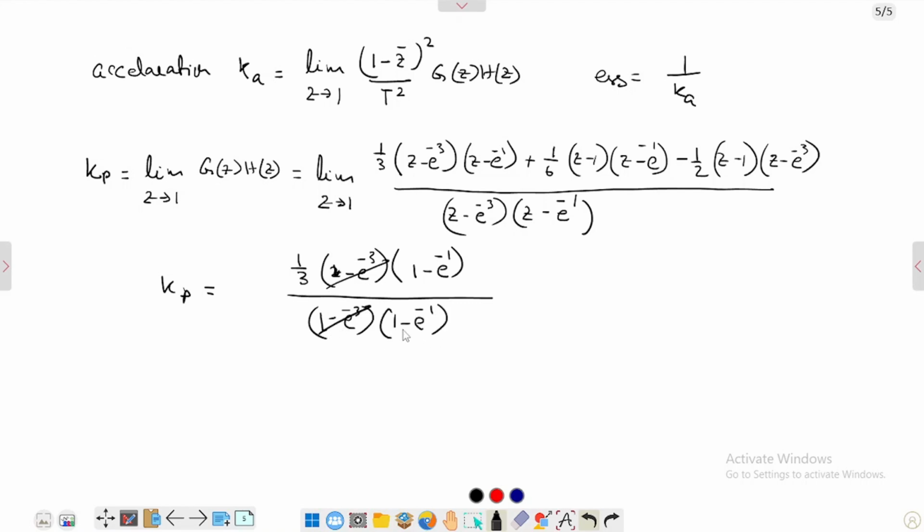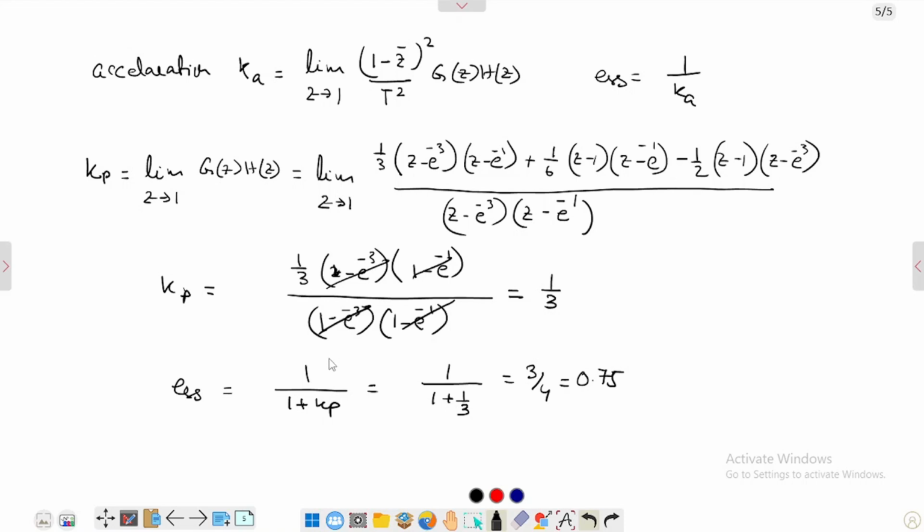So both of them will go away, and the value I get is 1 by 3. So what will be my steady state error? It's very easy. The steady state error will be 1 over (1 plus Kp), that is 1 over (1 plus 1 by 3), and that gives me 3 by 4, and the value is 0.75.